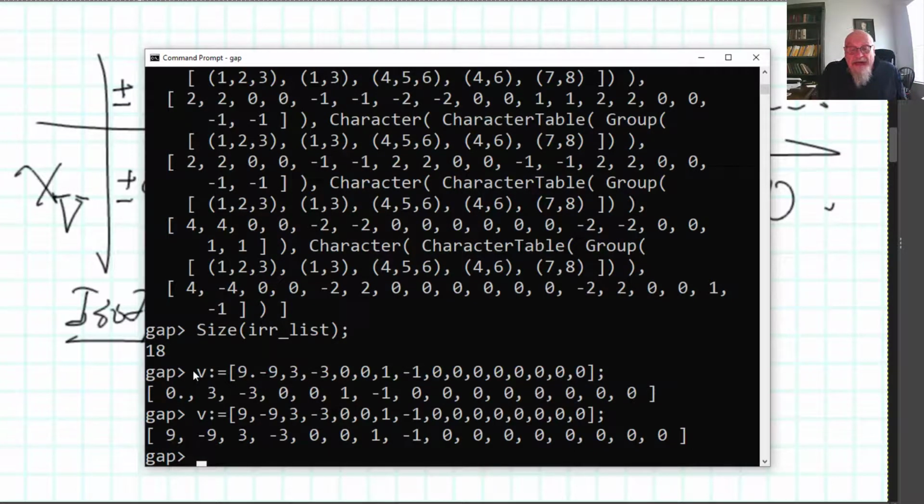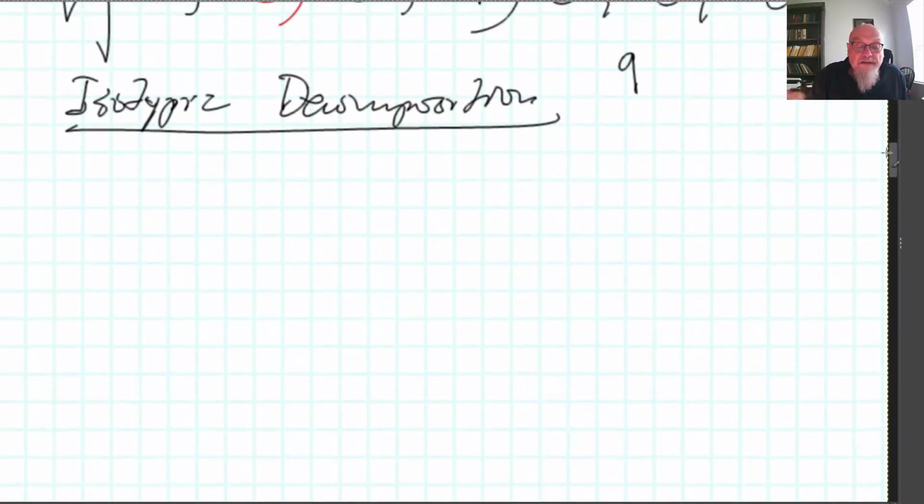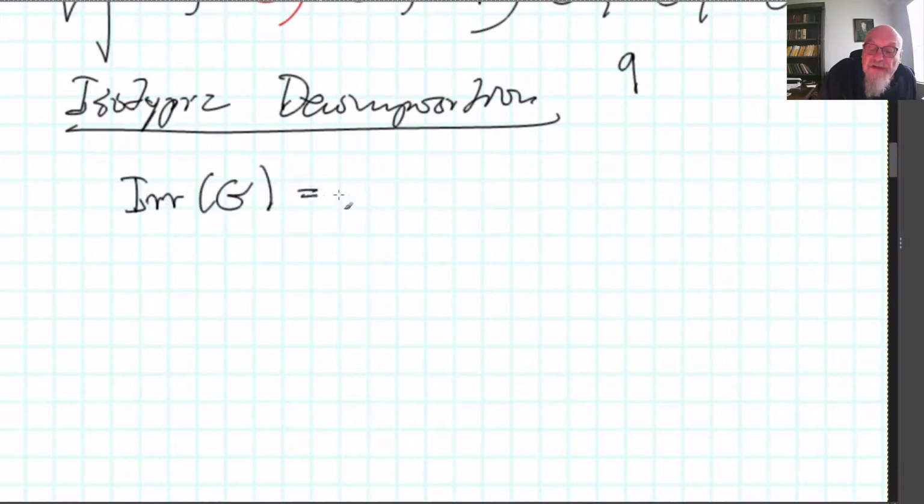And now I will find the isotypic decomposition. How do I find the isotypic decomposition? So namely, I know that my irreducible representations of G are matrices.